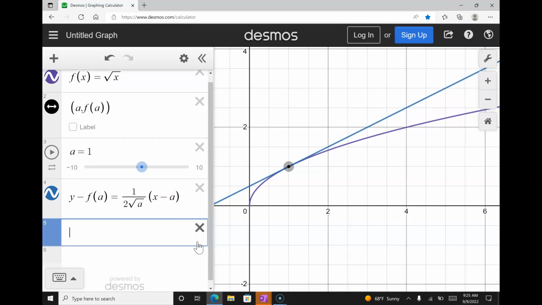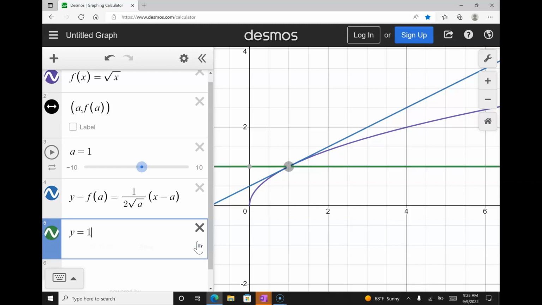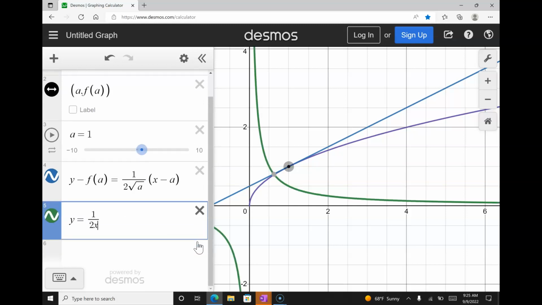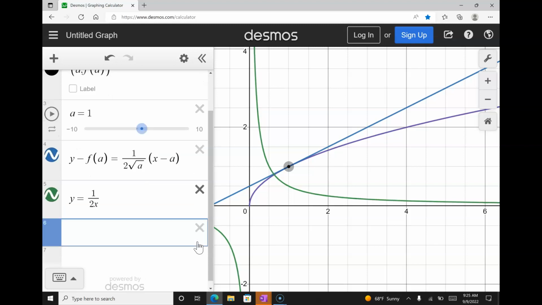First of all, I'm going to graph my derivative just to get a look at it. Okay, so there it is in green. And I want to use the feature in Desmos that will allow me to graph the derivative of the original function without doing the work, and that is f prime of x. I think this works.